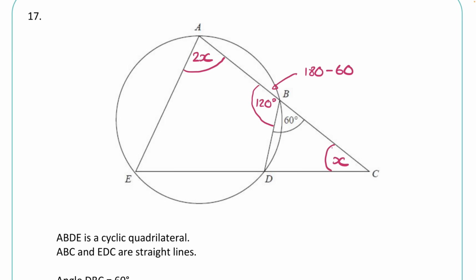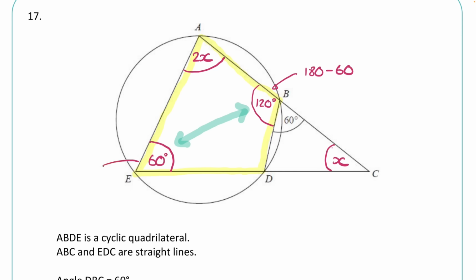We now have to think about these circle theorems. There's no other angles that we can get using angles on a straight line or anything along those lines, but we do have this cyclic quadrilateral, and opposite angles in a cyclic quadrilateral add up to 180. So if that one there is 120, then opposite that is 60.